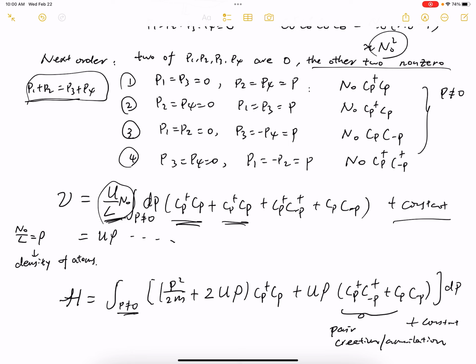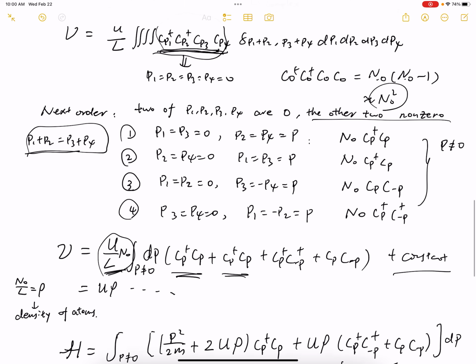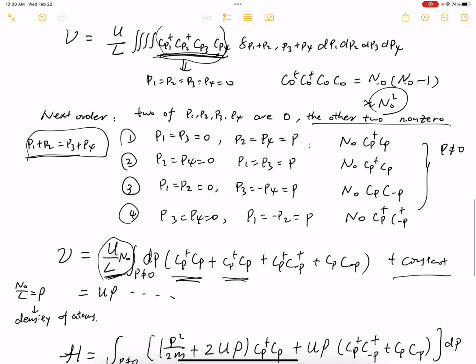For example, P1 equals P4 equals 0, and then P2 equals P3 equals P. P1 equals P4 equals 0? Yeah. So that's an additional combination. Let's see. I think that's probably going to give you the same term. Yes, but would that make an additional factor? Yeah, let's try to write it down. I think I counted. So you are saying P1 is equal to P4 equals 0, right? Mm-hmm. And P2 equals P3 equals P.